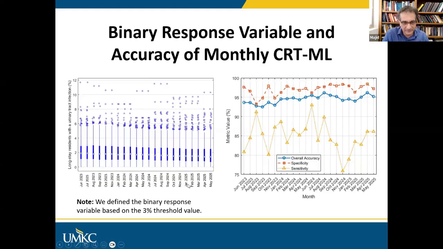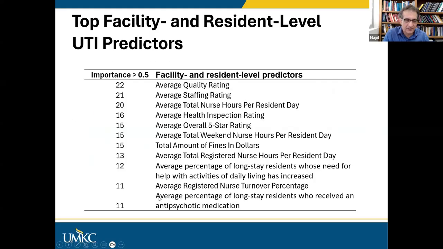So it's reliable in a sense, and these are classification and regression tree models, generated by MATLAB. And the factors that are associated with prediction of UTI, you can actually see that the quality rating, staff rating, and all of those factors are really important. And when we say care for senior residents is really important to prevent UTI and also complicated UTI, the data speaks for itself.